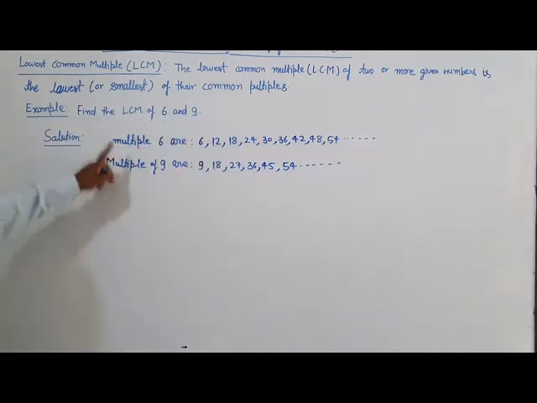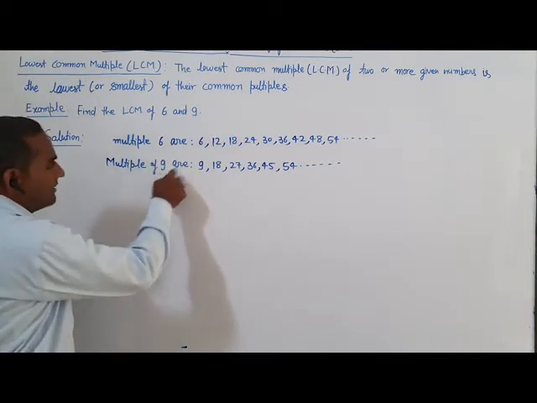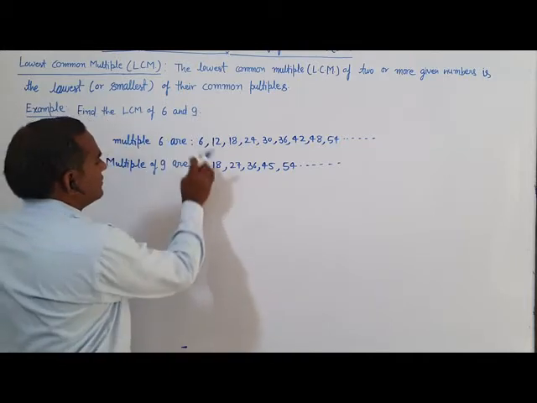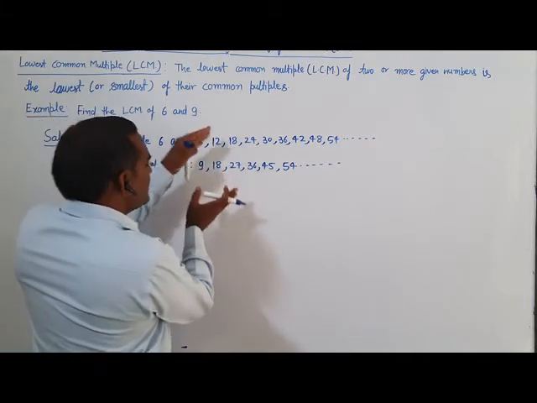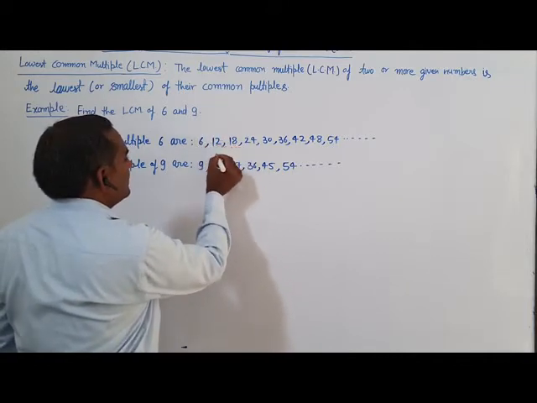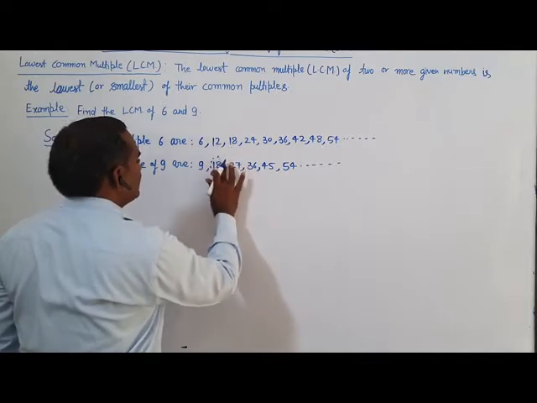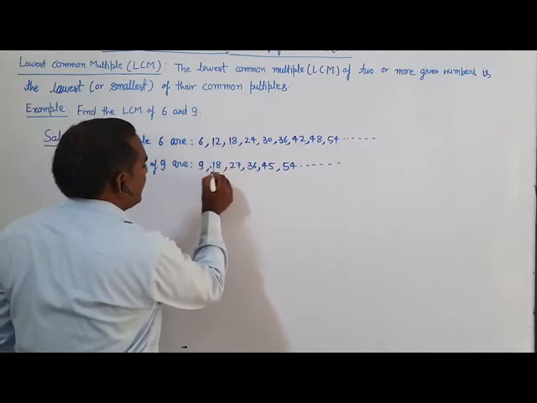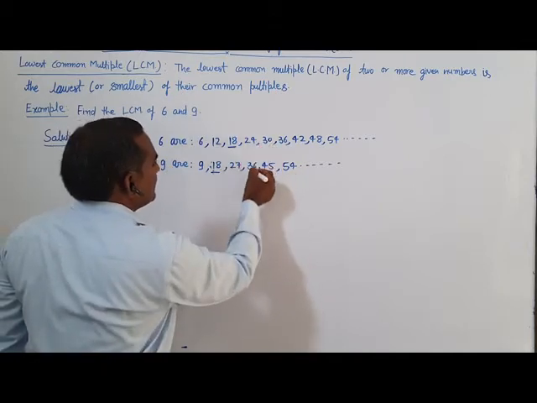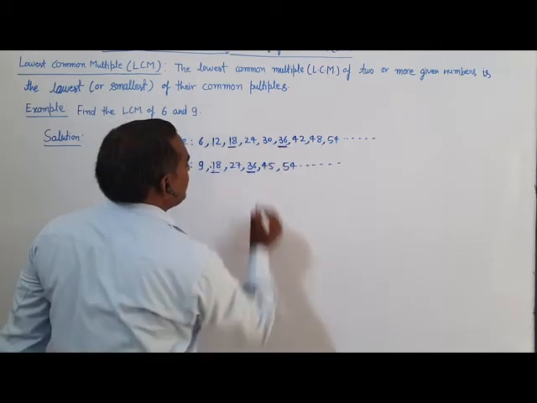Here we have to see the common multiples of 6 and 9. The common multiples are the numbers which match in both. Here 6, 12, 18: the first common multiple is 18. Then 24, 36: the second common multiple is 36.